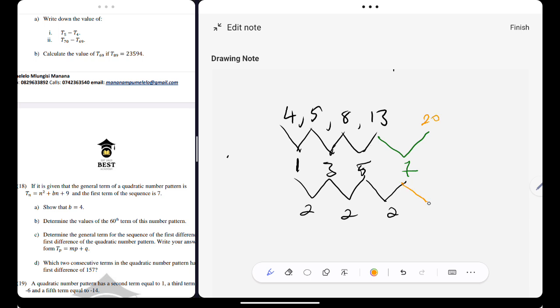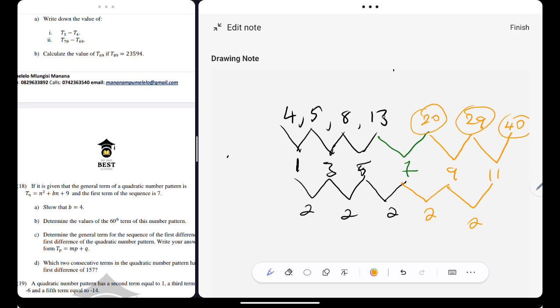Then the next one is 7 plus 2, which is 9. The next term is 29. Here the next term will be 40.